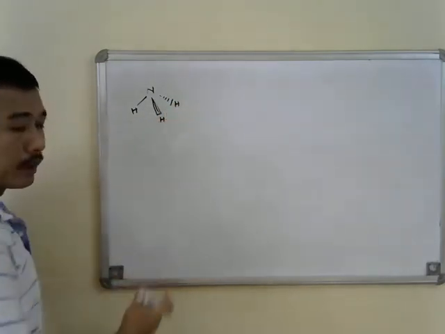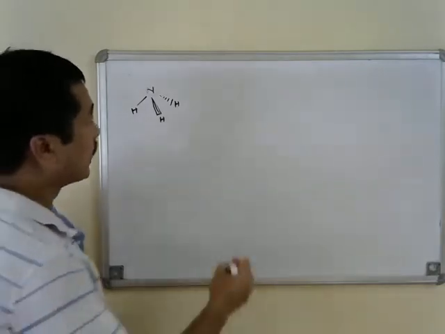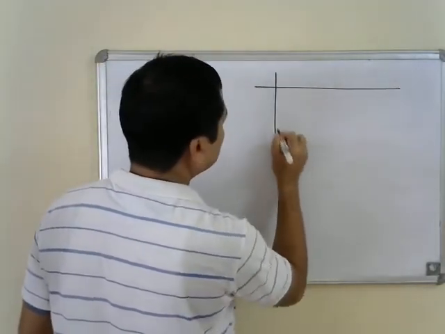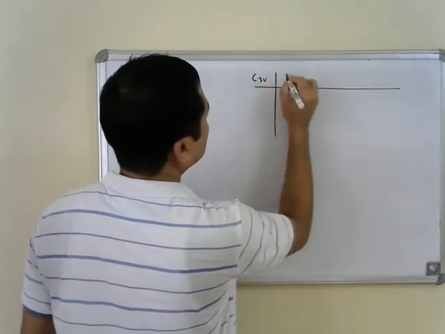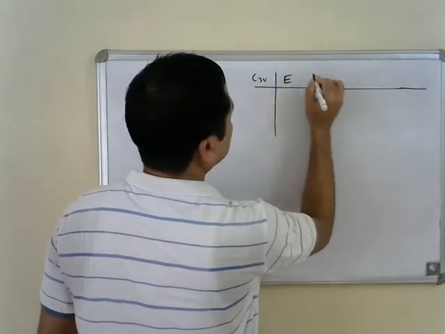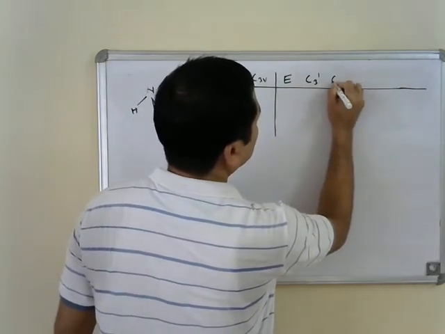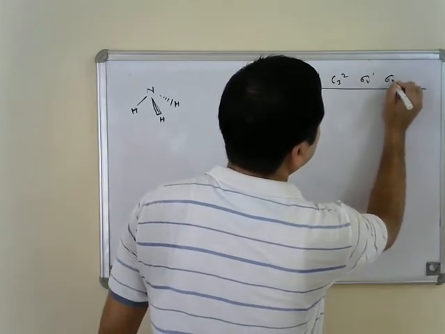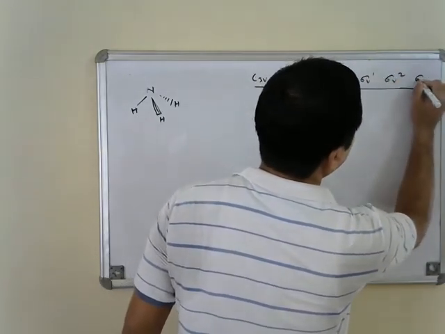We know it belongs to the C3v point group, and the C3v point group has 6 symmetry operations, that is identity, C3 1, C3 2, sigma v 1, sigma v 2, and sigma v 3.